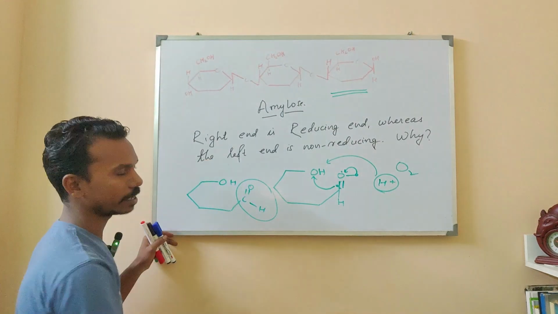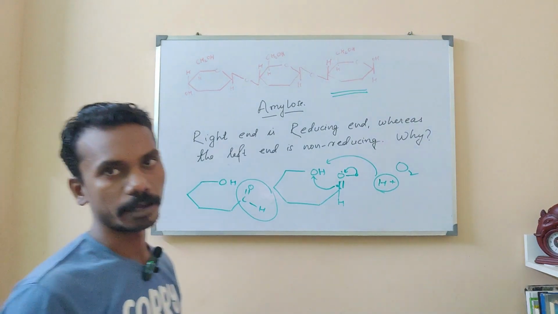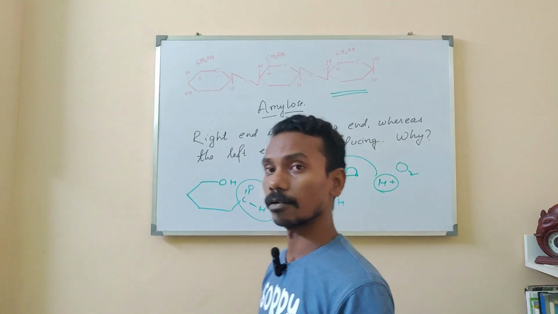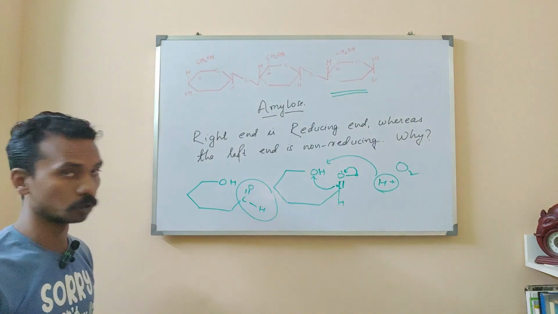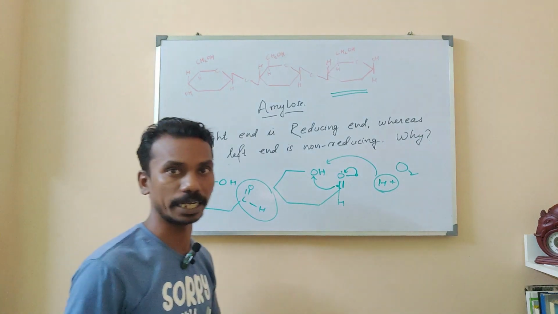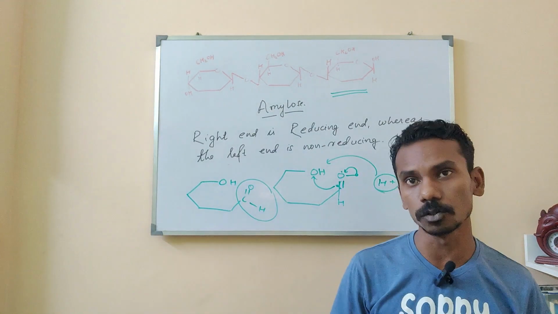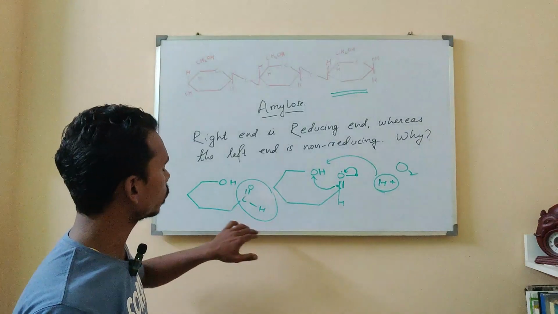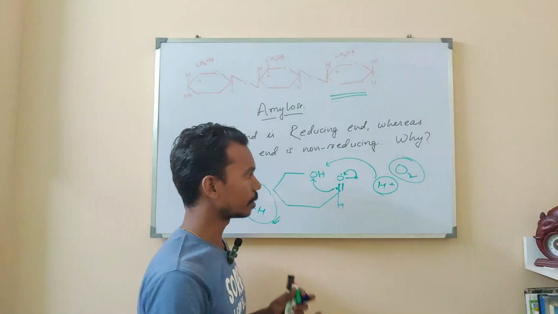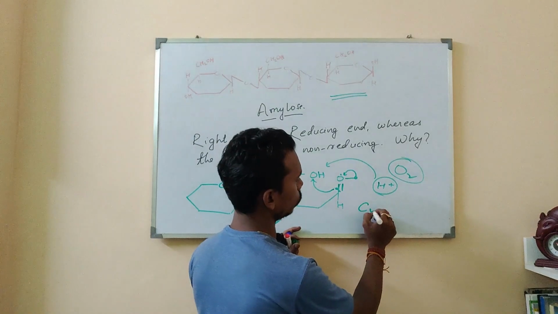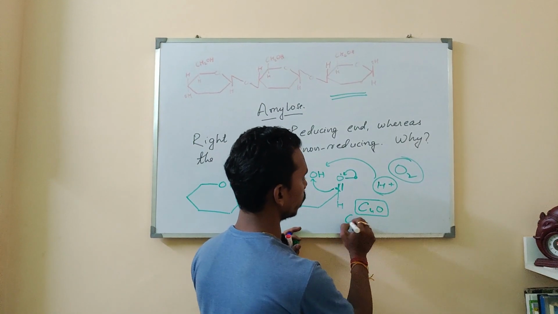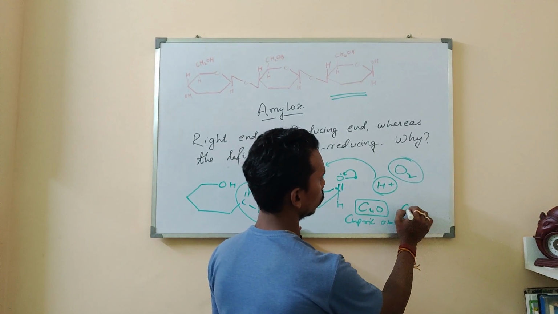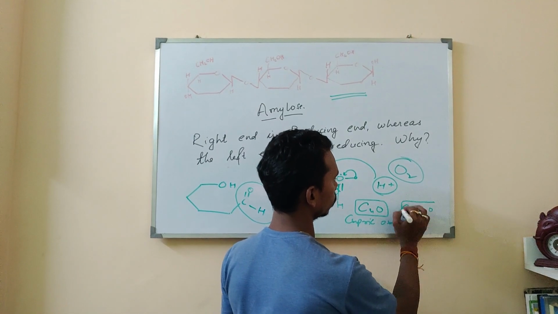Now see, at the right end we get a free aldehyde group, and we know from the previous video that a free aldehyde or ketone group present in any carbohydrate makes it a reducing sugar. So how does this become reducing? Let's suppose you have added CuO, which is cupric oxide or copper 2 oxide.